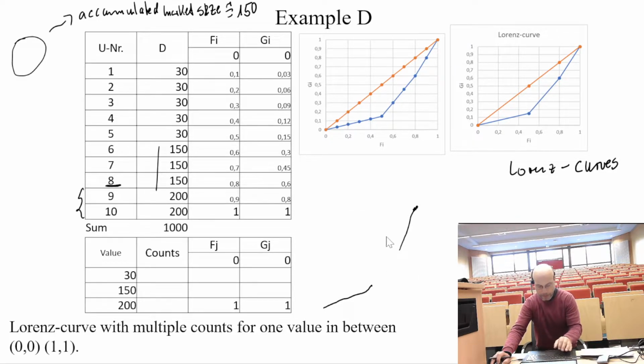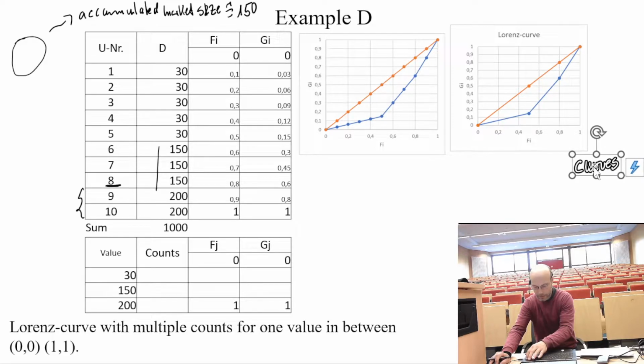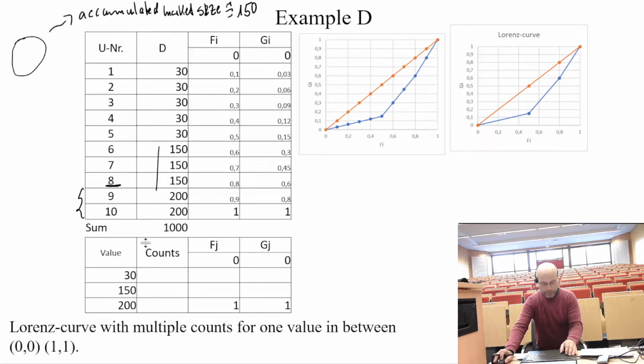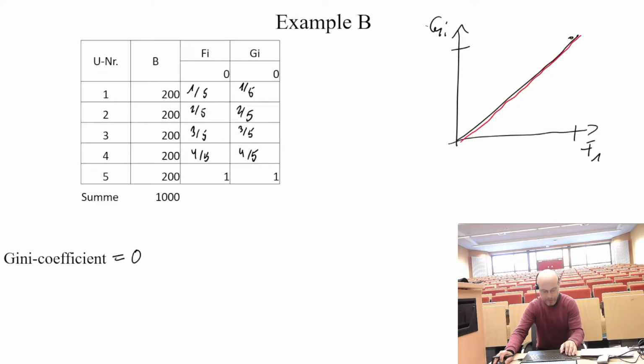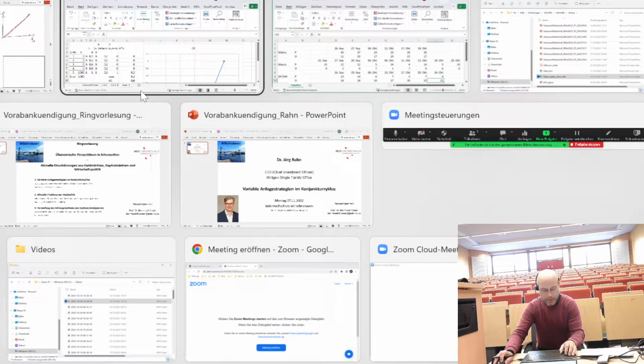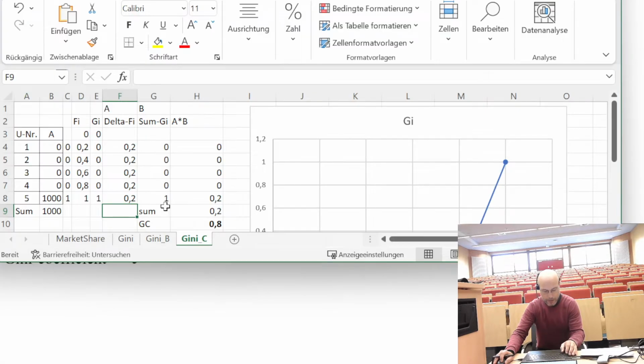Now we have up to 10. Example B. Okay, sorry. This one, and then we need just all these formulas here.